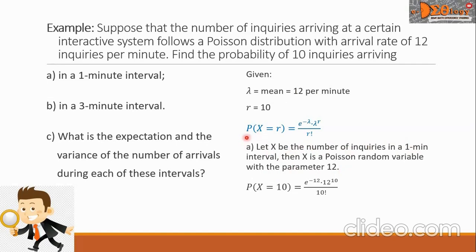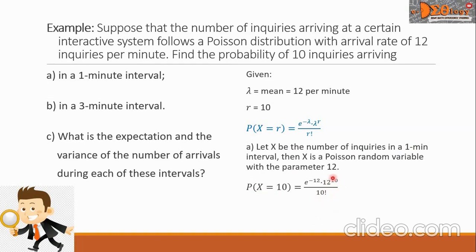Substituting the values in this formula, we have the probability of capital X equals 10 equals exponential raised to negative lambda, now negative 12, times lambda raised to r, so we have 12 raised to 10, all over 10 factorial.